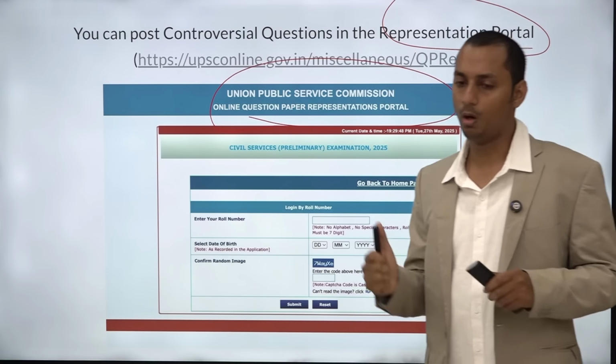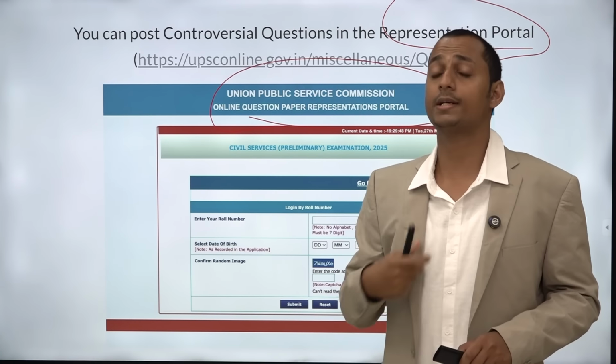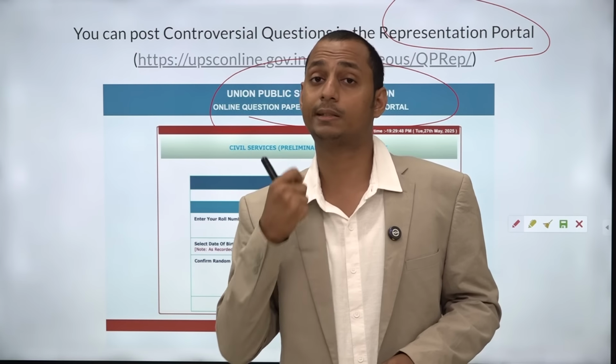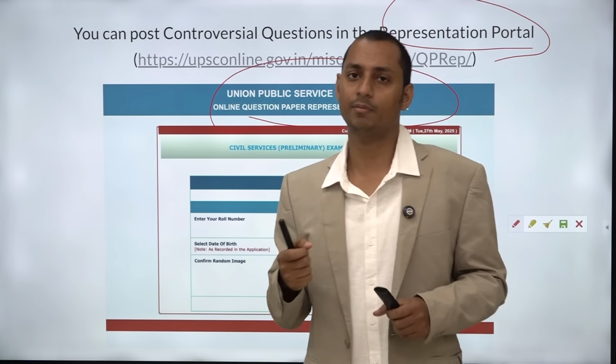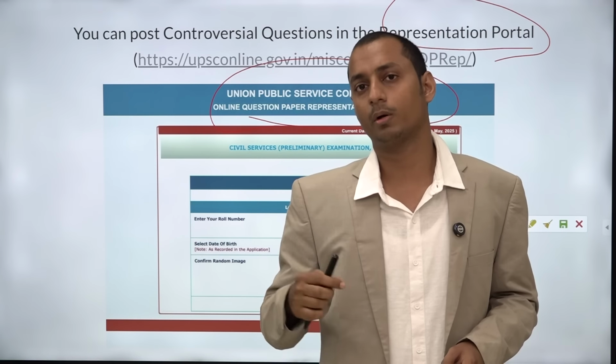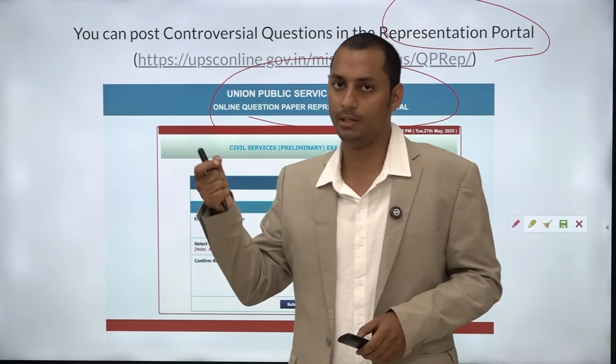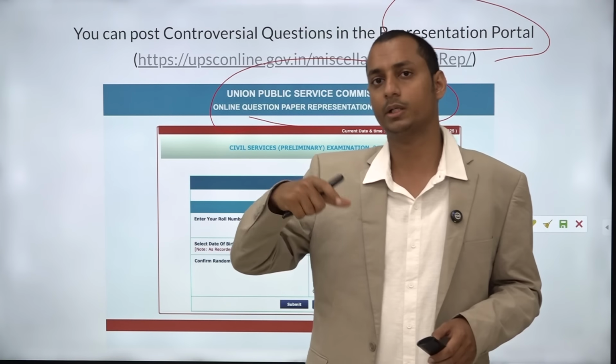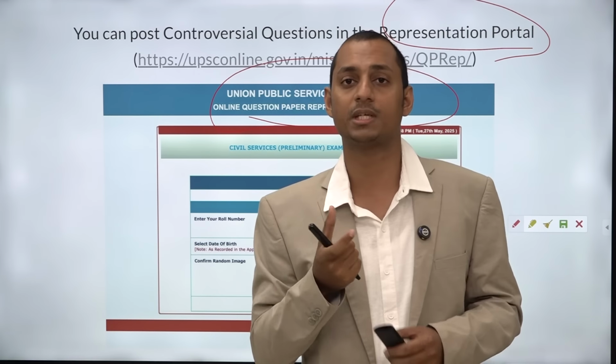You can actually log into this representation tool and tell your queries, tell your mistakes, or even, if you feel that this question requires multiple interpretations, or in this question you feel that the answer is C, you send them the correct logic and the correct sources, and UPSC might change that.